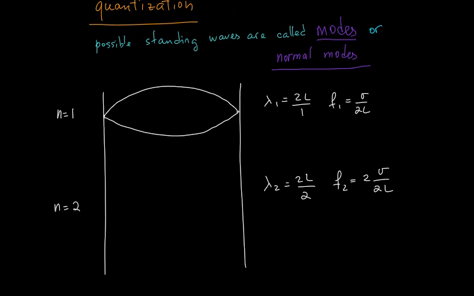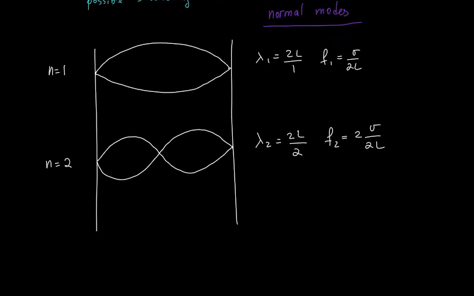It will look something like this: normal mode 2, which creates 2 antinodes. Remember, n is the number of antinodes. And remember that n equals 1 is the fundamental mode, and the wavelength is not equal to L. λ1 equals 2L. So just remember that too.